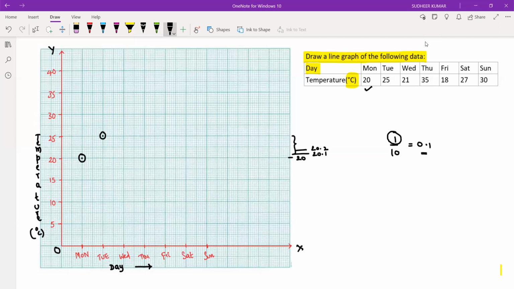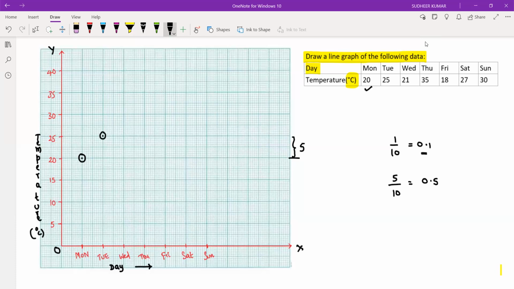If the distance between them is 1 unit, it is 1 centimeter. But in this case, here it is 5 centimeters, right? 20 to 25, it is 1 centimeter is 5 units. So when it is 5 units, we have to divide 5 by 10, which is 0.5.